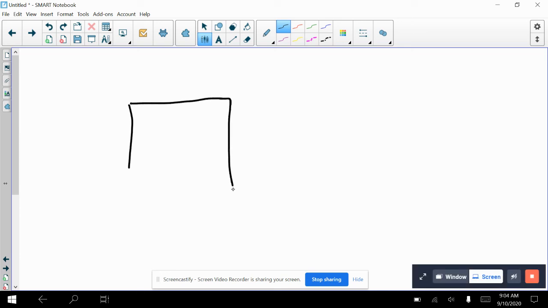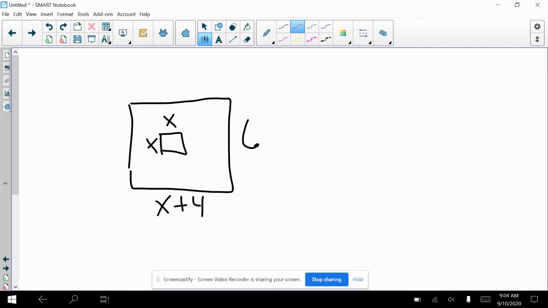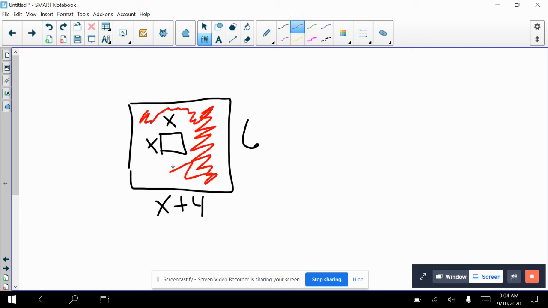Quiz question. Bless you. All right. What is in the red is the shaded region.